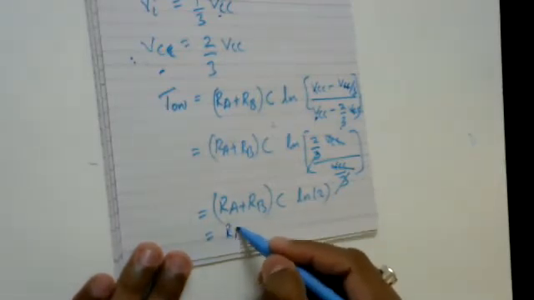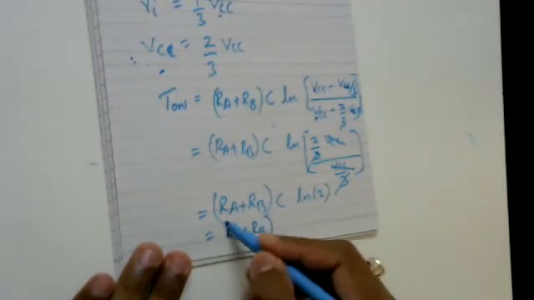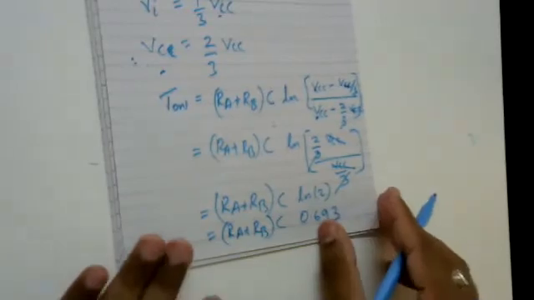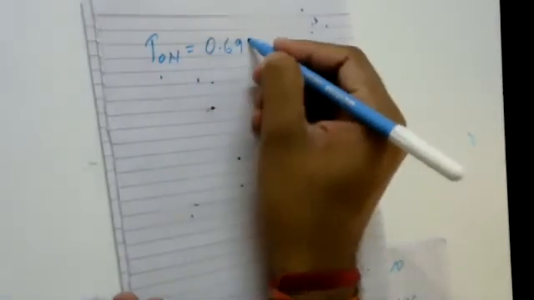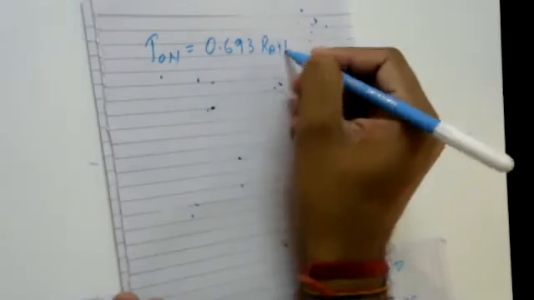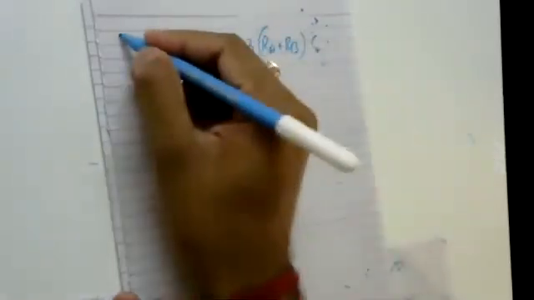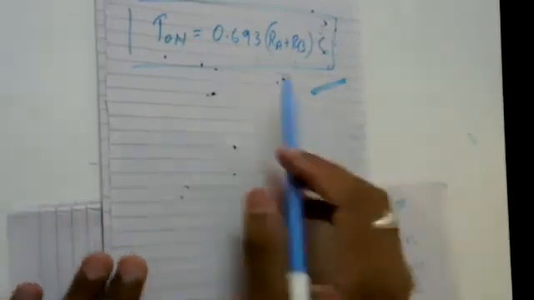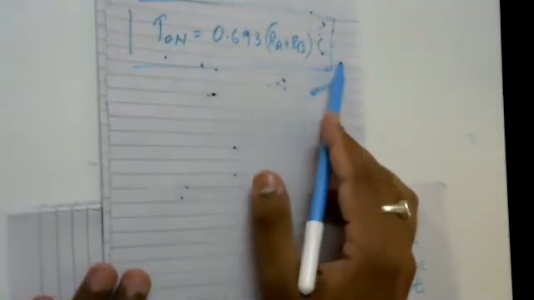So I can write this equation as: on time is equal to 0.693 into (RA plus RB) into C. This equation I should remember. I need to remember it as on time is equal to 0.693 (RA plus RB) C.